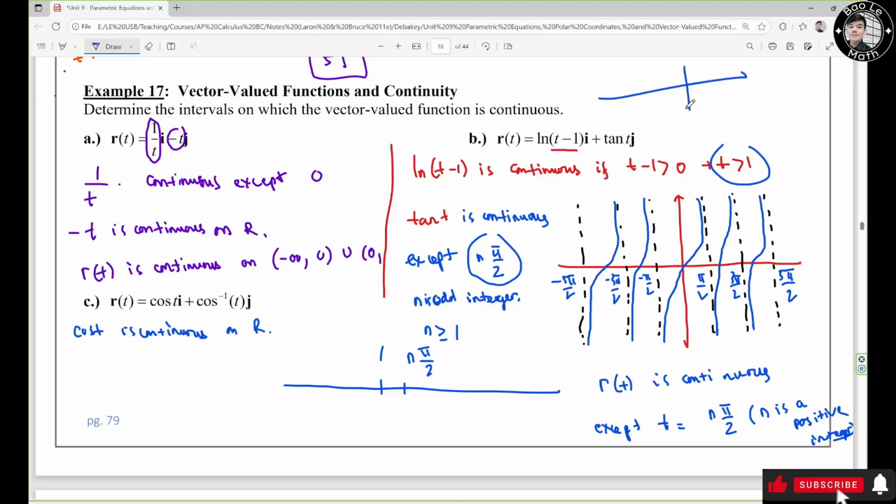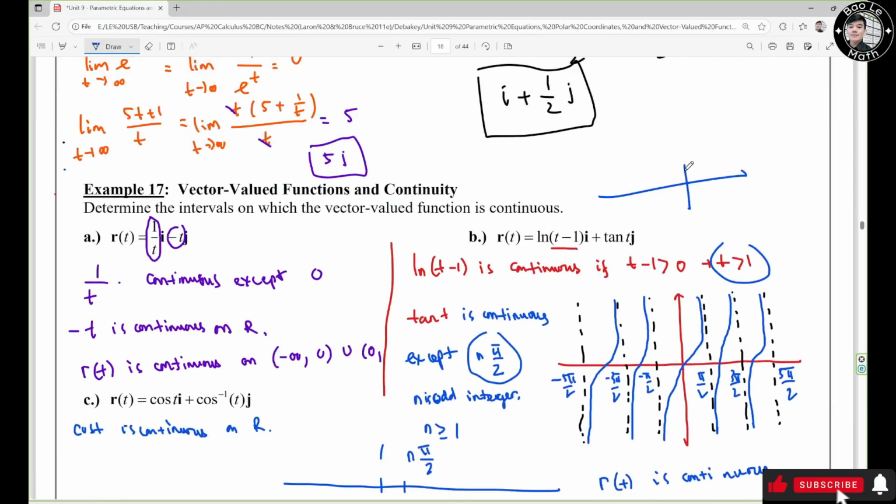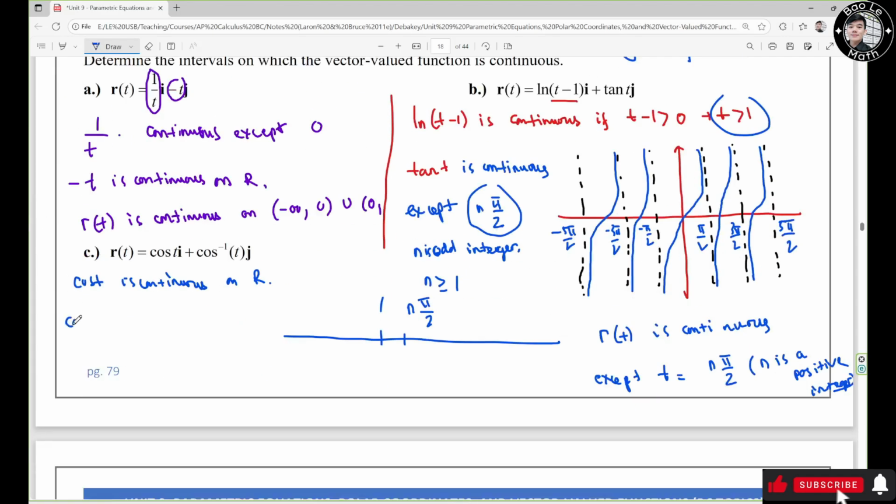Remember, the cosine function is going to be like this, right? And the inverse of the cosine function is continuous on its domain, and the domain of this one should be the range of the cosine function, right?